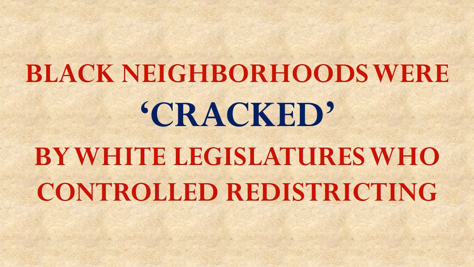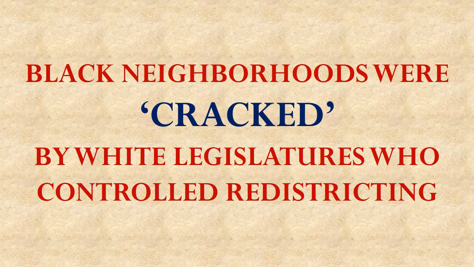Now this was accomplished by black neighborhoods being cracked. So divided up, a little bit of each neighborhood put in a district that was predominantly white. And this was done by the white legislature that controlled the redistricting.